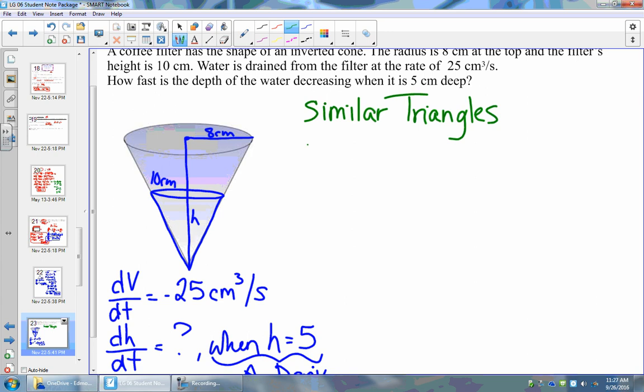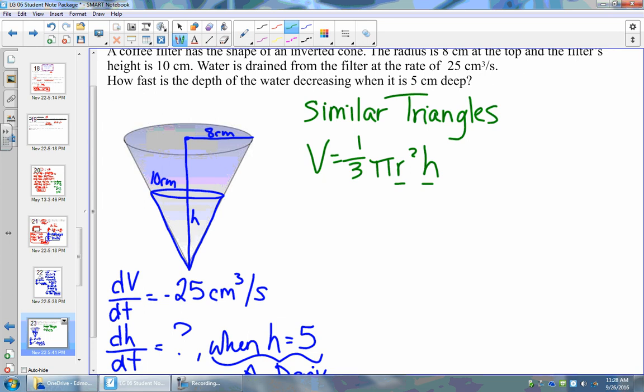If I look at that formula, 1 over 3 pi r squared h, we need to limit the variables. We don't want an r and an h both together because we already have a V as well. I always tell students you should have 2 variables normally. We want to get rid of something here.